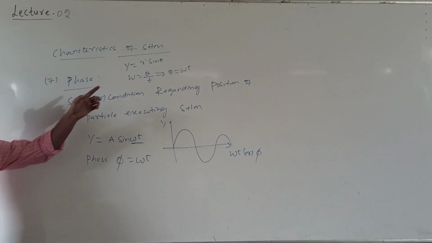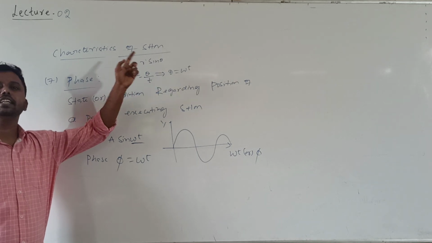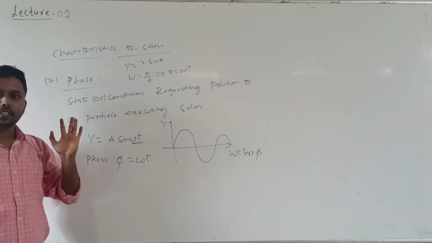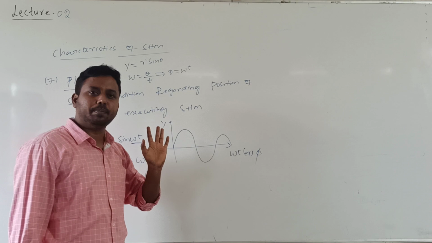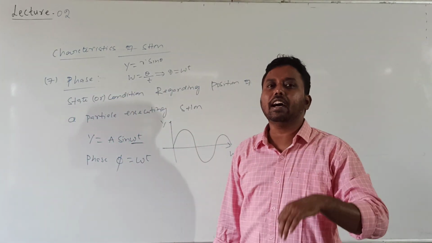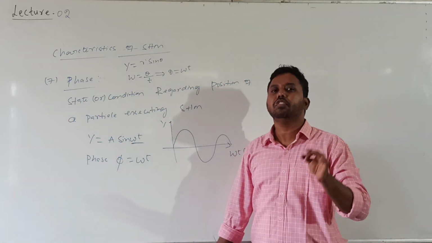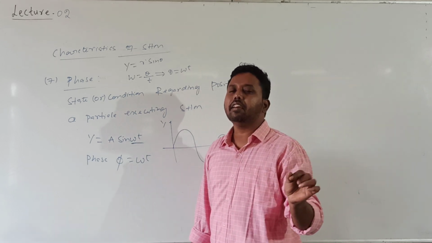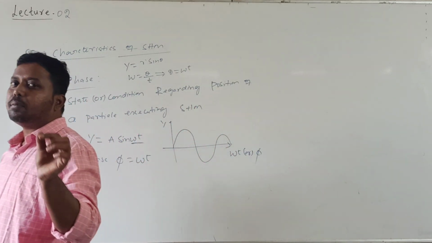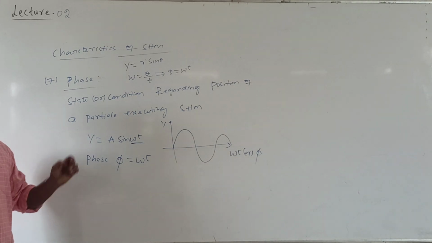In place of theta we wrote omega t. What is theta? Angular displacement. So that theta or omega t is called a phase. This omega t value tells us the position of a particle executing SHM.